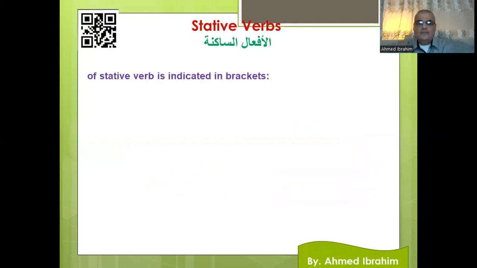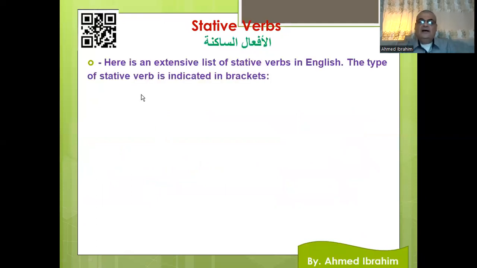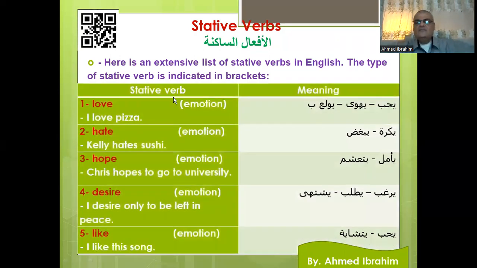Stative verbs. Here is an extensive list of stative verbs in English. The type of stative verb is indicated in brackets. Okay. Love, I love pizza.